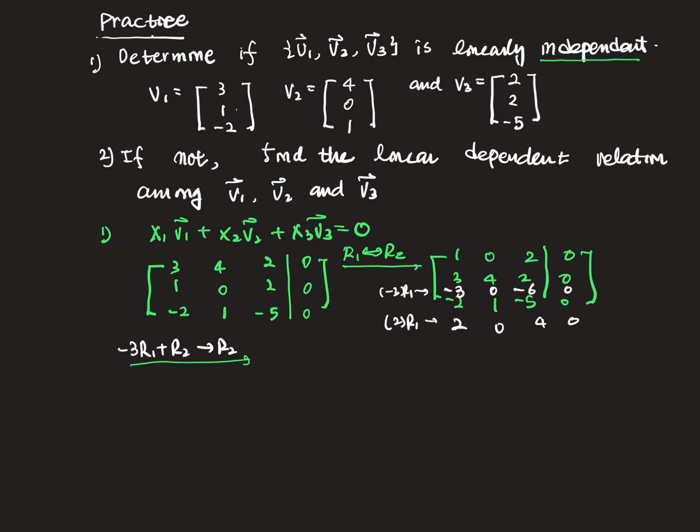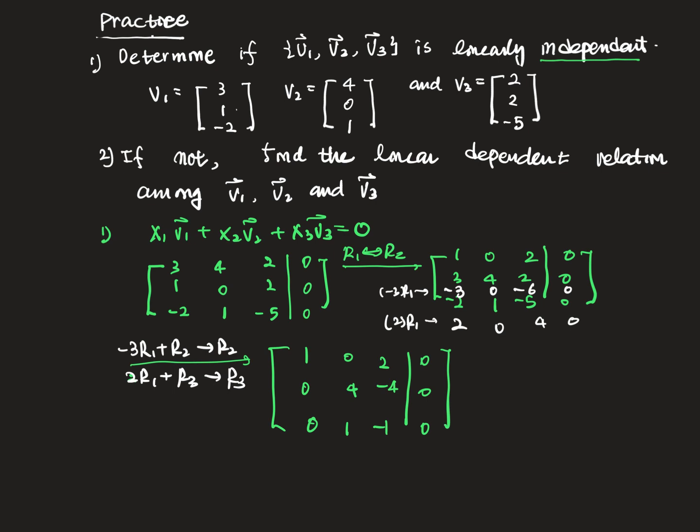So 2R1 plus R3 going to R3. So you have this one: 1, 0, 2, 0, 4, negative 4, 0, 0, 0, 1, negative 1, zeros.